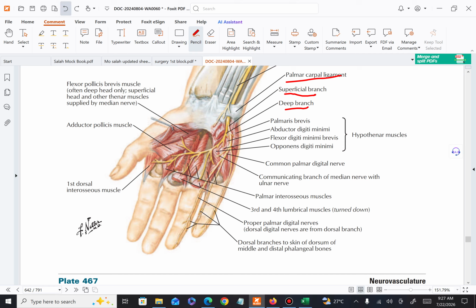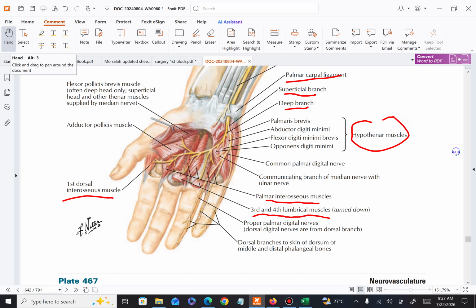These include the hypothenar muscles, the palmar interossei and the dorsal interossei, and the third and fourth lumbricals, while the other muscles of the hand, like the thenar muscles and the first two lateral lumbricals, are supplied by the median nerve.